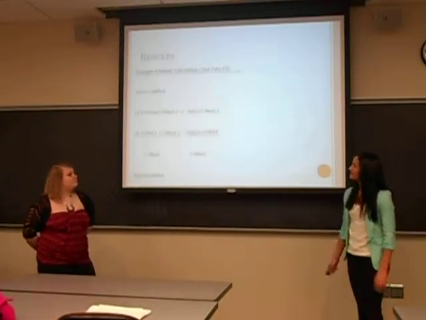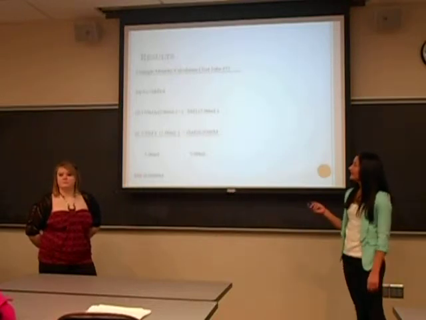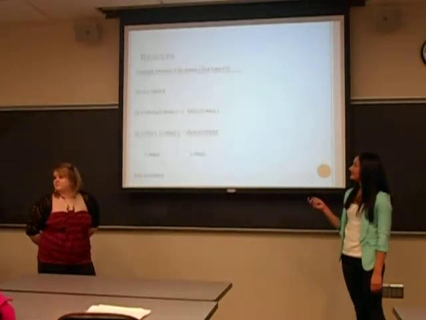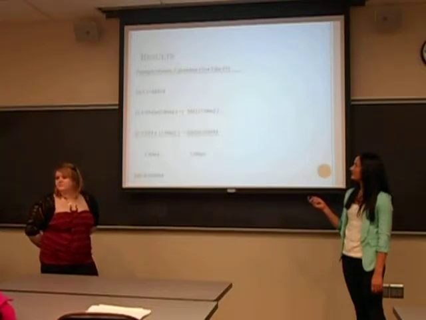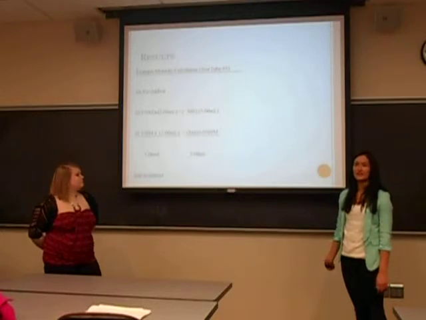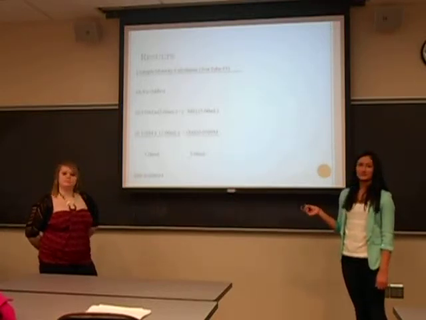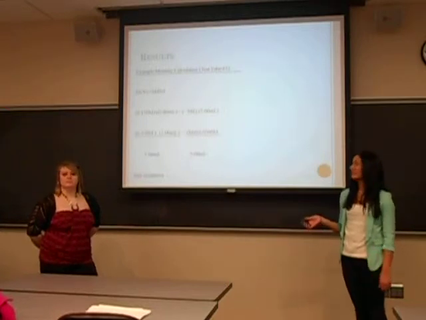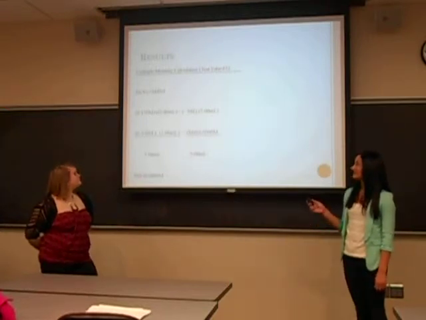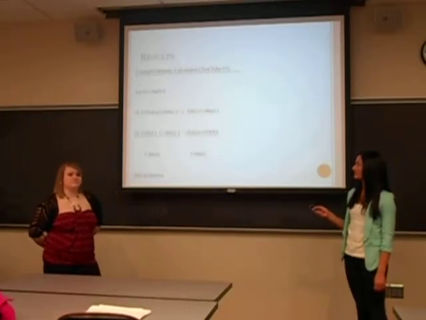Here is an example molarity concentration for test tube 3. It says the molarity of the concentrated times the volume of the concentrated equals the molarity of the diluted times the volume of the diluted. So we know that the molarity of the concentrated was 0.150 molar, times the volume for test tube 3, which was 2.00 milliliters.